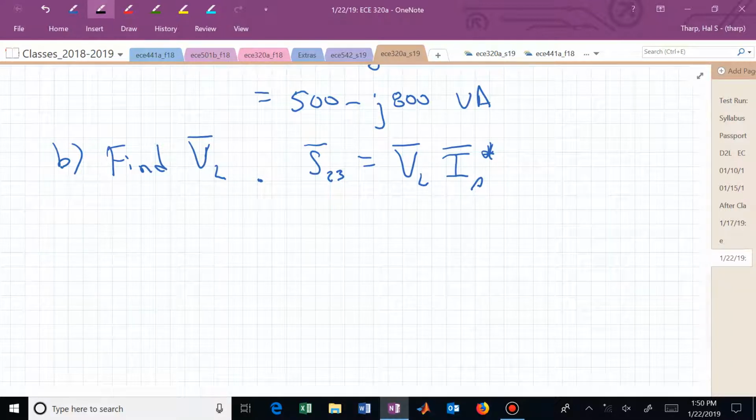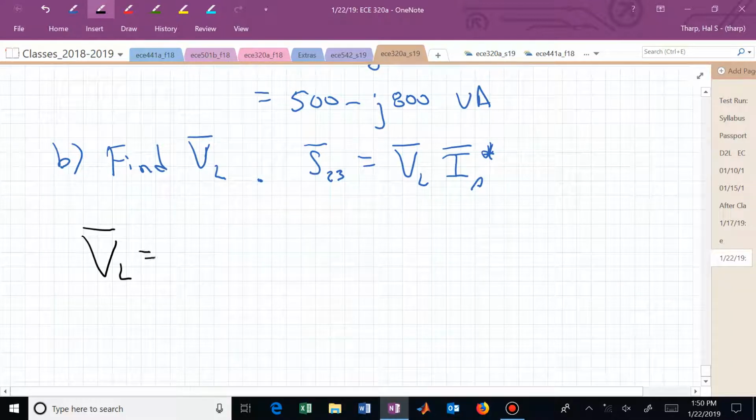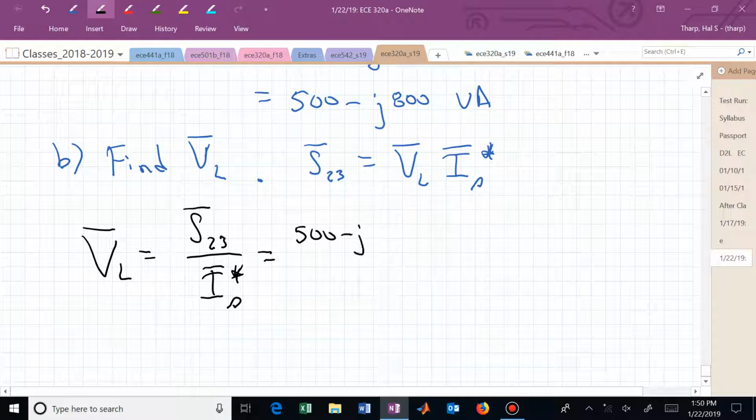Solving that for the voltage, V sub L is now S23 over the conjugate of I sub S. This is now 500 minus j800, all divided by 10 at an angle of minus 53.1 degrees.